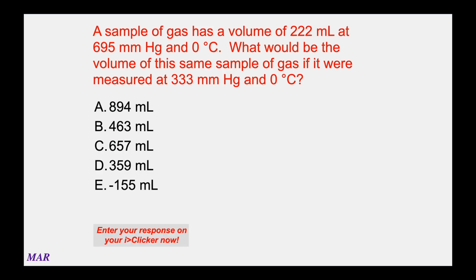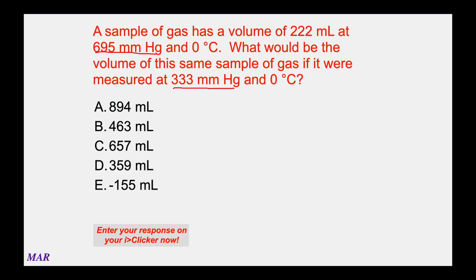Okay, at this point, I'm assuming you've had enough time to work on the problem and you want to see how you did. So without further ado, let's get into it. This is an example of when you have more than one quantity changing in a gas, and there's different ways to approach it. One way would be to try to see specifically which ones are changing. And if you look at this problem, the pressure is 695 millimeters of mercury initially, and it ends up being 333 millimeters of mercury, so it's certainly changing.